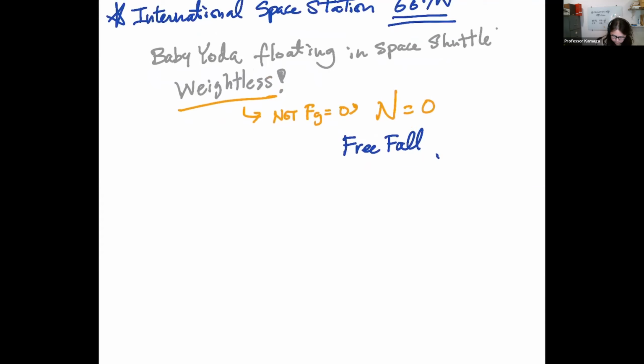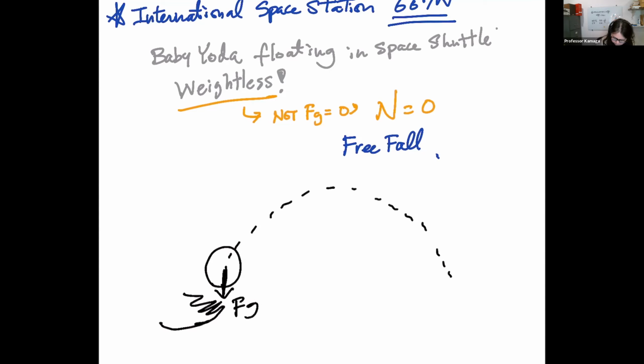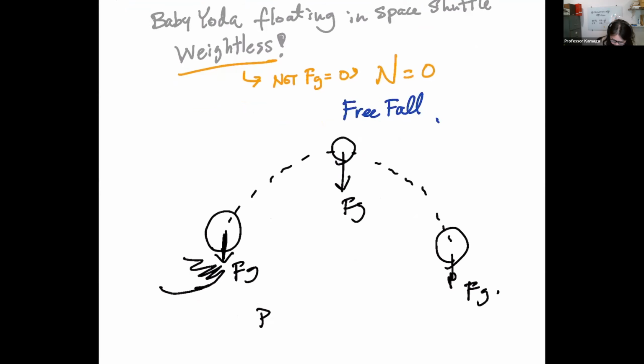When I throw a ball, let's say I throw a ball like this. If you ignore the air resistance, the only force applied on the ball is gravitational force. This is projectile motion. It's in free fall if you ignore the air resistance.